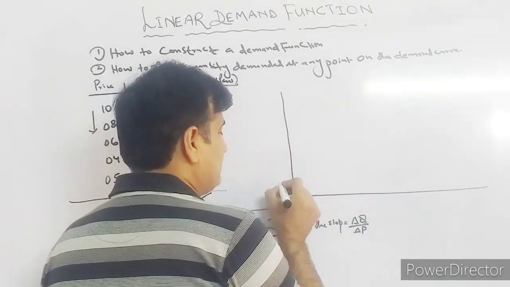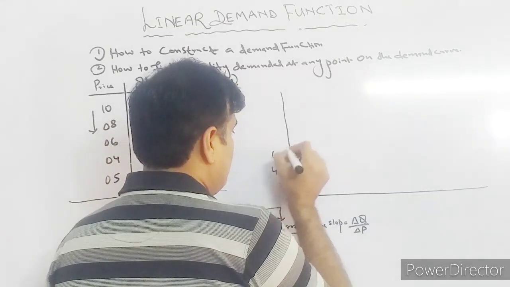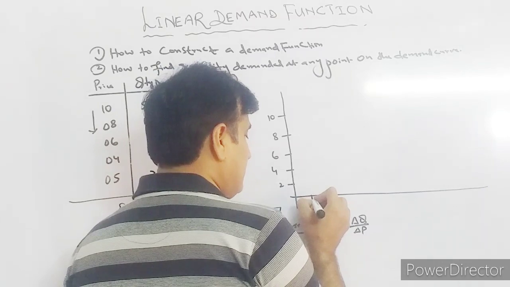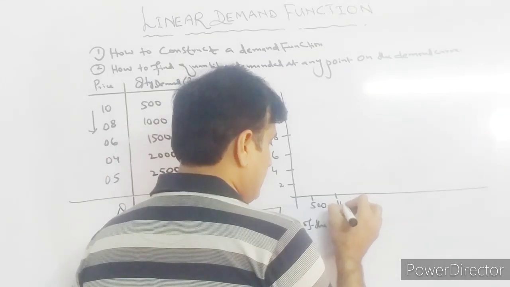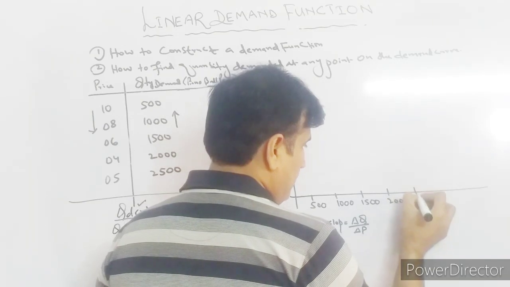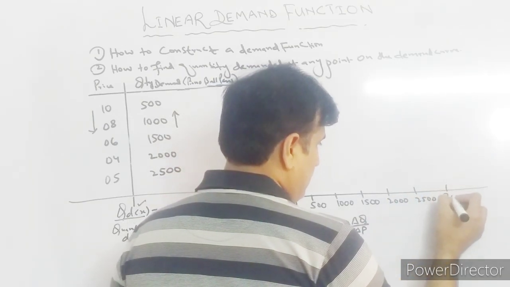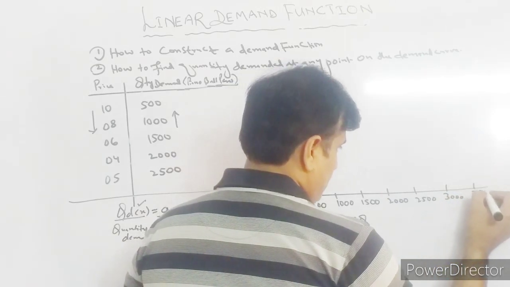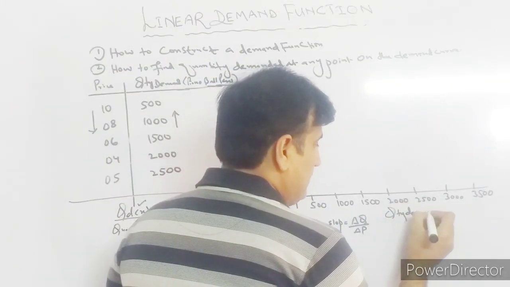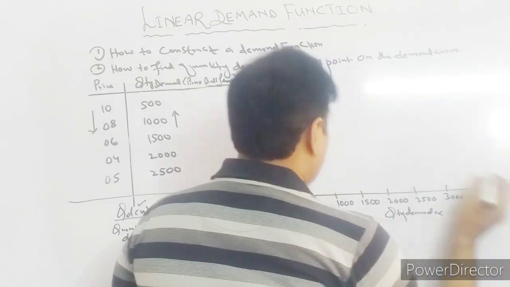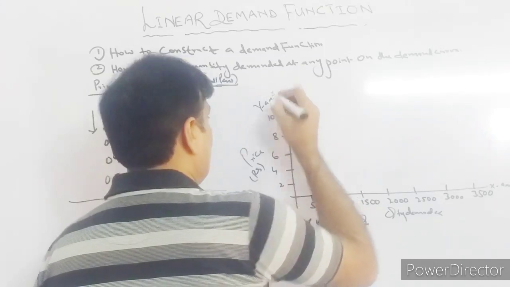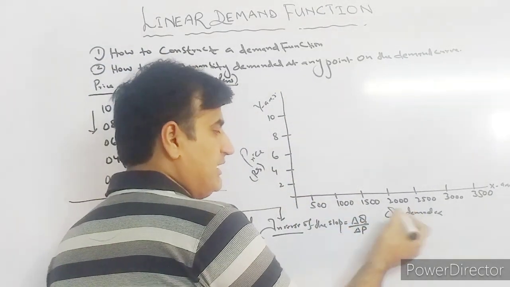So the price is on the y-axis and quantity demanded is on the x-axis.